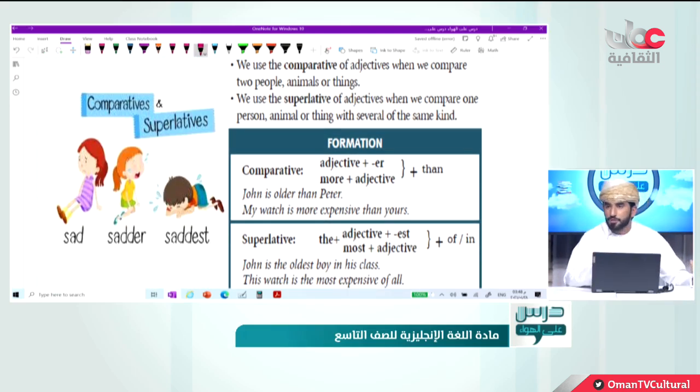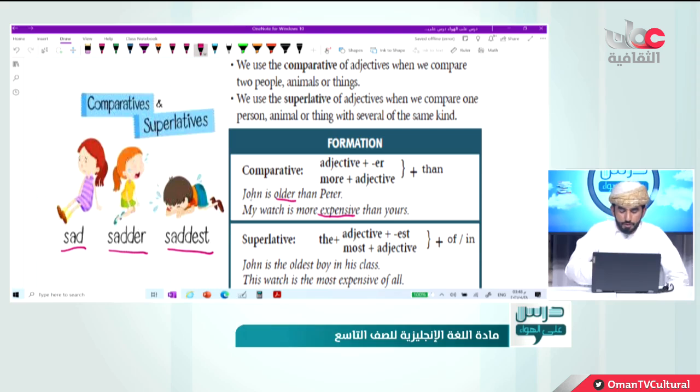And when you compare two things, first of all, what do you compare? We compare the adjectives, right? Sad, sadder, saddest. And then you've got old, oldest, expensive. So when we're talking about comparatives and superlatives, we're talking about adjectives and how to compare those adjectives from one object or person to another, right?